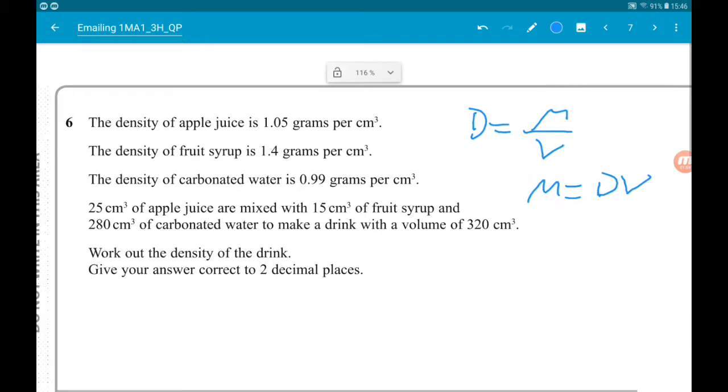So for the apple juice, we want to do 1.05 times 25. Now that gives us 26.25.